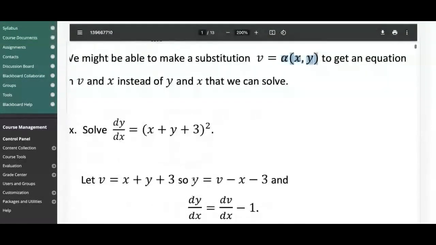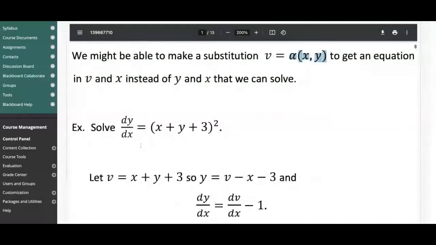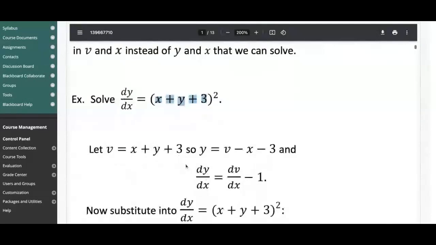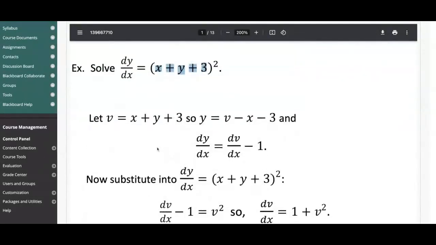to get an equation in v and x instead of y and x that we can solve. So let's see this example. dy/dx equals (x + y + 3) squared. We use this substitution trick. Let v be x + y + 3. Then we can single out y, so y is v minus x minus 3.